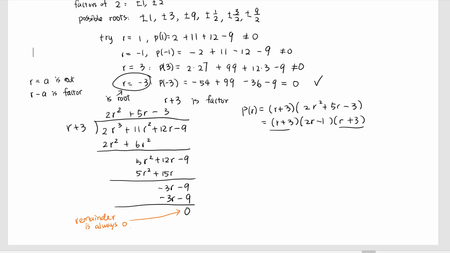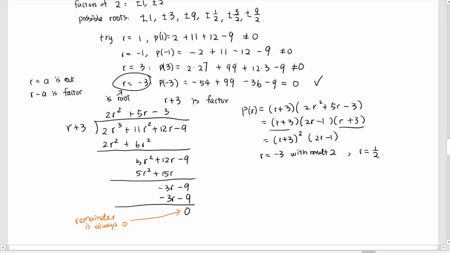Can you see those are the same factors? We can combine them together. So this is what we get, and we completely factor it. What are the roots? Negative 3 is a root with multiplicity 2, and the other root is 1/2.